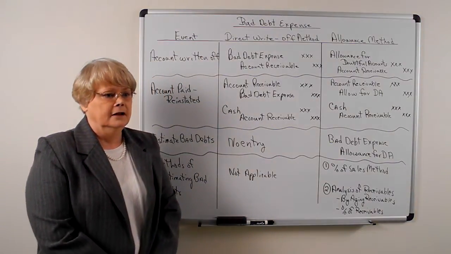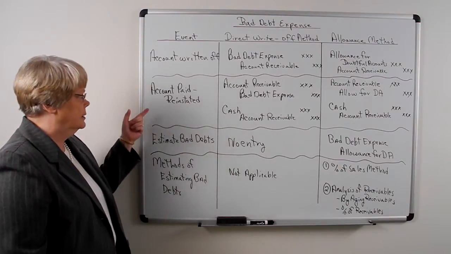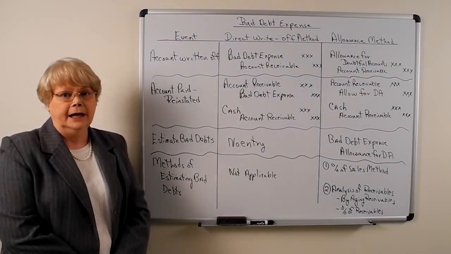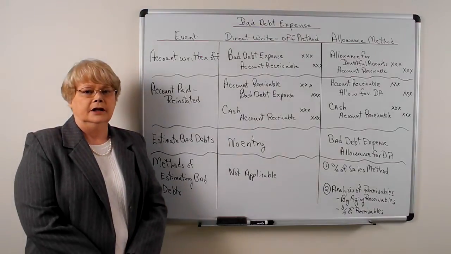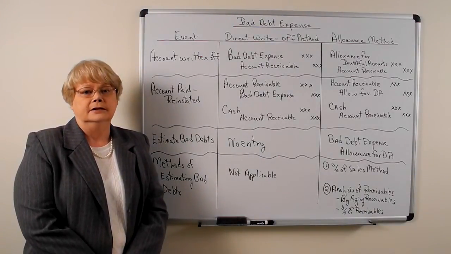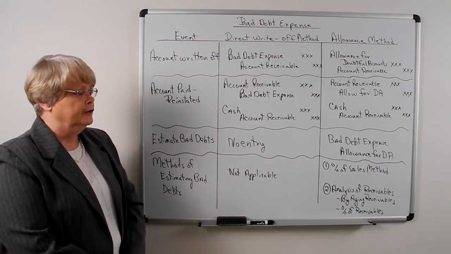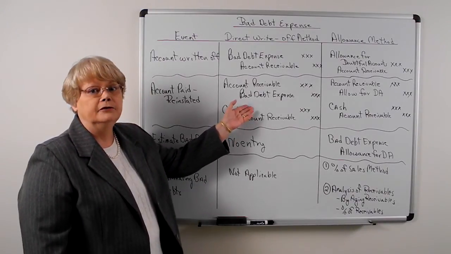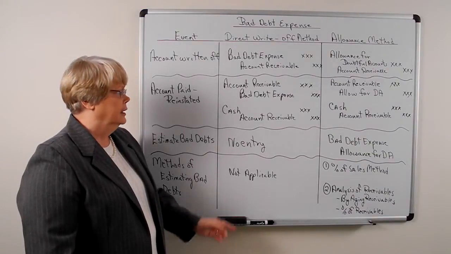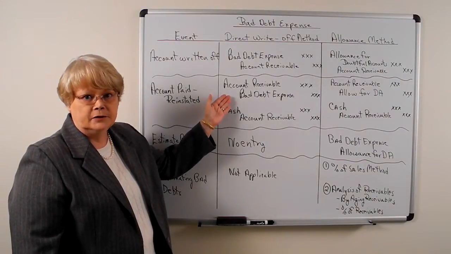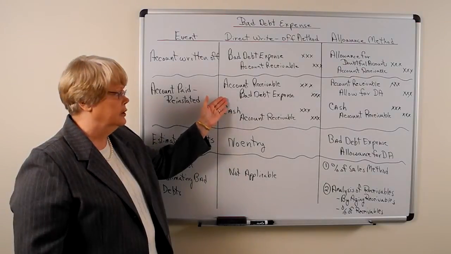Okay? All right. The next item that we might have is if the customer decides to pay after the account is written off, or they might decide to pay part of the account. Then we're first going to reinstate the account for the amount that they're paying. To reinstate it, we're going to debit accounts receivable, putting the account back on the books.